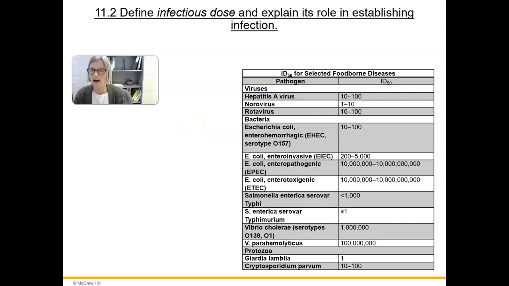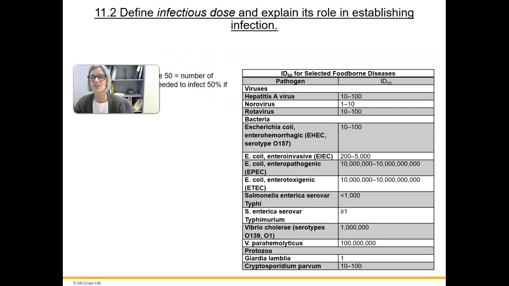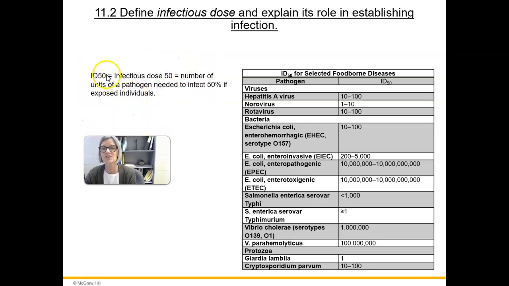One of the other things I want to talk about related to portal of entry is the concept of infectious dose. And we can use that term infectious dose, and you can call it ID. In your book it just says infectious dose. There's actually a more specific term that's ID 50.